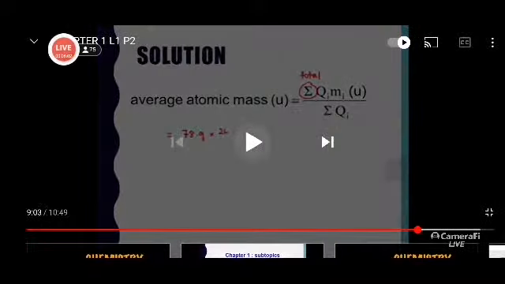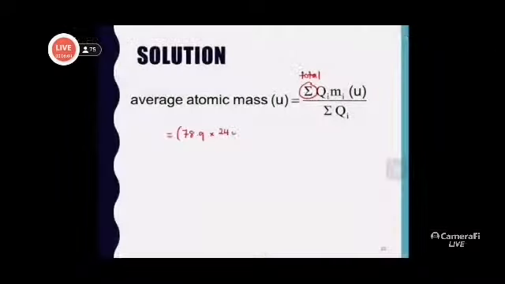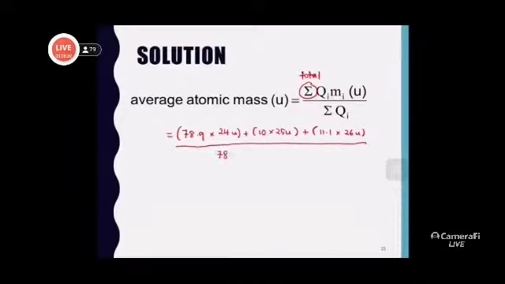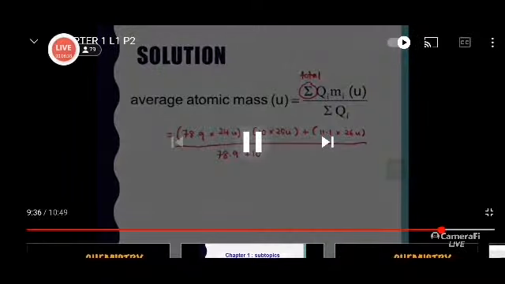Which is 24 U, plus Q2 times M2, 10 times 25 U, plus Q3 times M3, 11.1 times 26 U, over the total abundance, the sum of Qi: Q1 plus Q2 plus Q3. So 78.9 plus 10 plus 11.1.